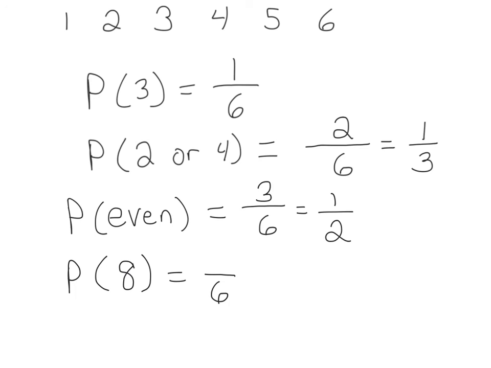And what is the probability that I roll an 8? Well, if you notice, out of the possible outcomes I have, none of them are an 8. So the probability of me rolling an 8 is 0 out of 6. So if I reduce that, there's a 0% chance of that happening.